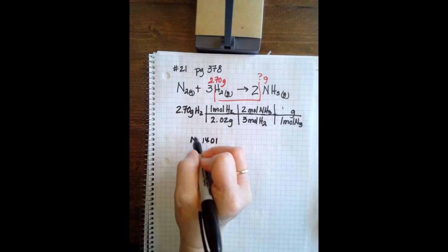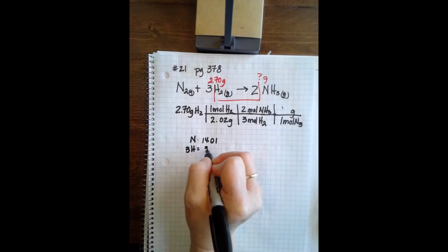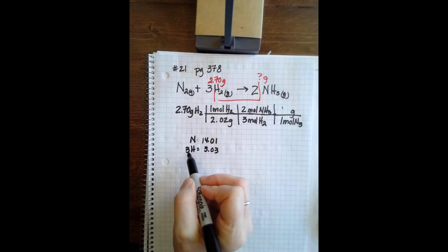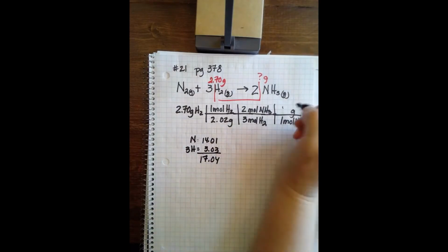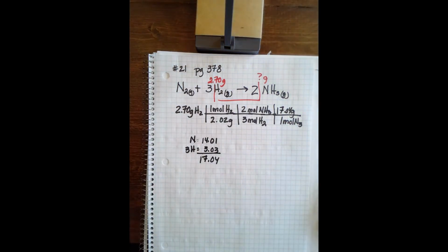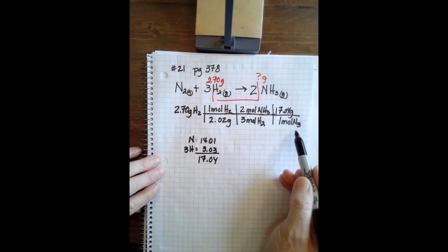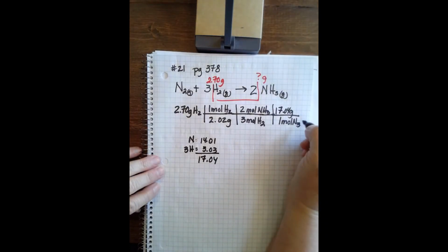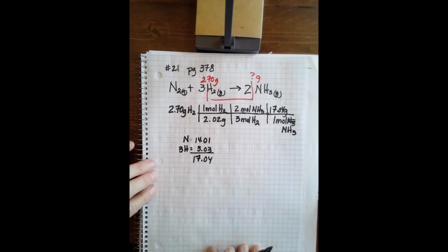And then there are 3 hydrogens, so that's going to be 3.03 for all the hydrogens, so 17.04 grams of ammonia in 1 mole. Oh, did you guys see what I did here? I wrote that wrong. NH3. Got carried away talking to you.